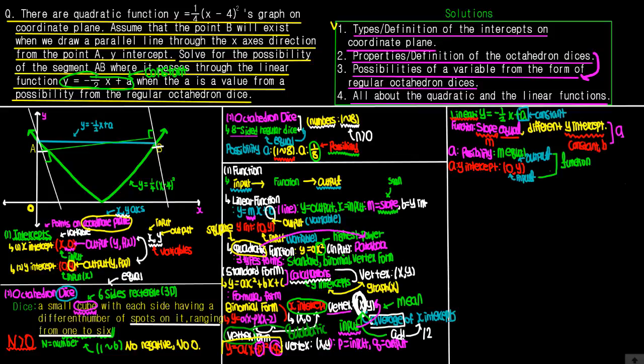And there is a function. The function, which is a quadratic function, y is equal to 1 over 4 times x minus 4 squared, passes through that point A. So let's write it down: y is equal to 1 over 4 times x minus 4 squared.